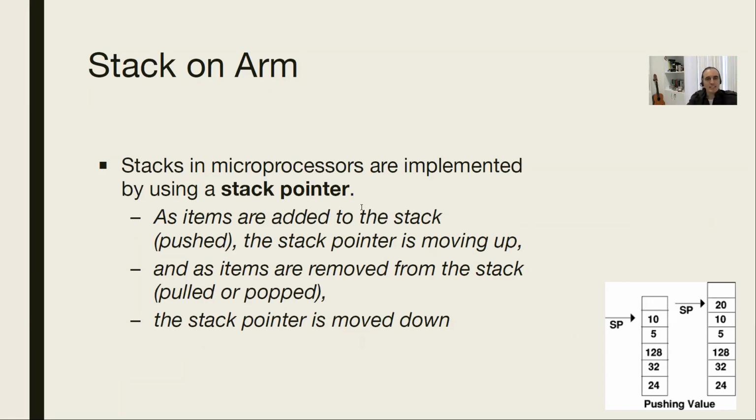Anyways, so stacking in microprocessors is implemented by using a stack pointer. So at this point, we got an implementation of stack for the microprocessor. The good news is, you can implement any type of data structure in your memory by writing code, but the stack is already implemented within the hardware, guys.